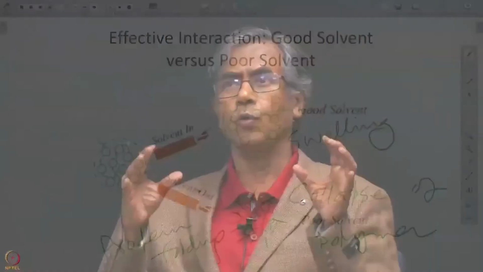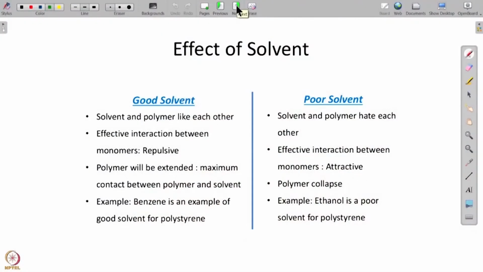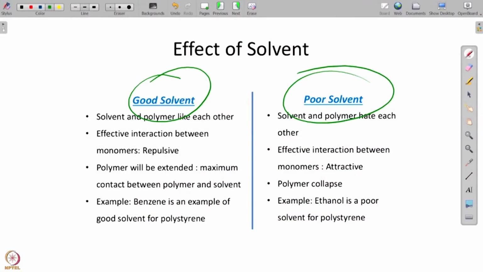But I want to emphasize that the concepts of liquid state, the density N by R to the power D, and then monomer contact, and all these things are actually very useful in polymers. Then there is the important thing of the good solvent and the poor solvent, where in a good solvent the effective interaction is repulsive, and in a poor solvent the interaction is attractive.